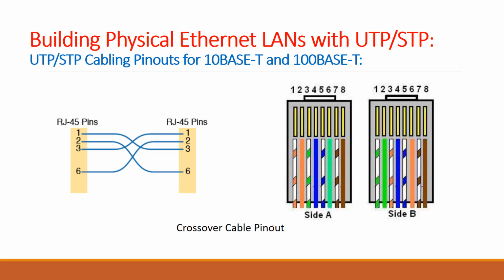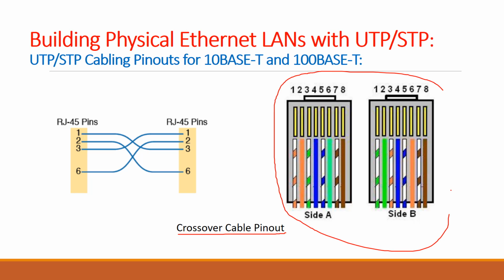There is another type of cable pin out which is called crossover cable. If the two devices send and receive on the same pins, you use crossover cabling. And for these two connectors on both ends of the cable, this is side A and this is side B, you connect 1 and 2 to 3 and 6.